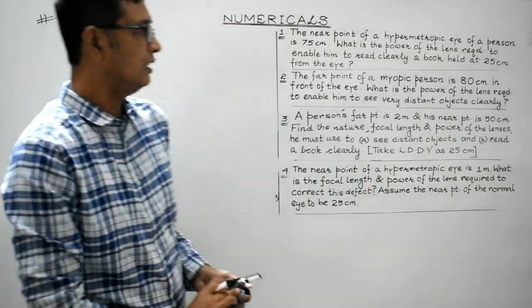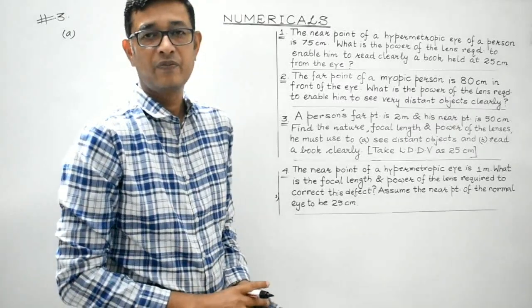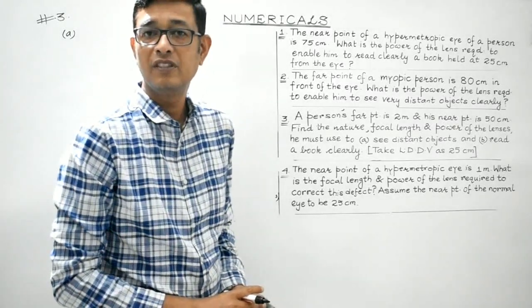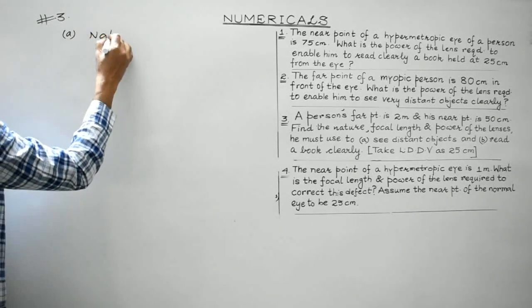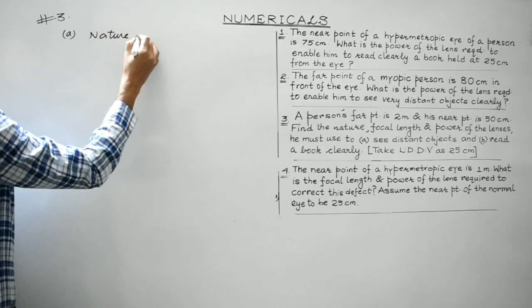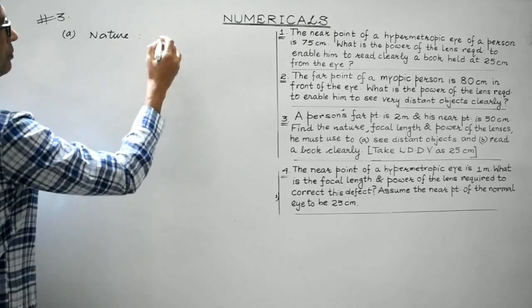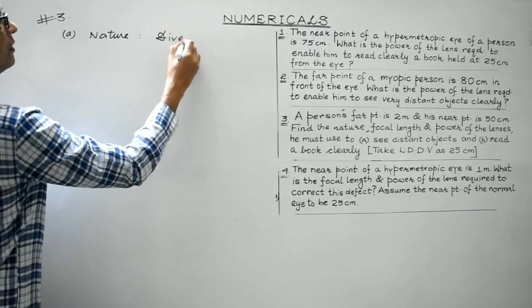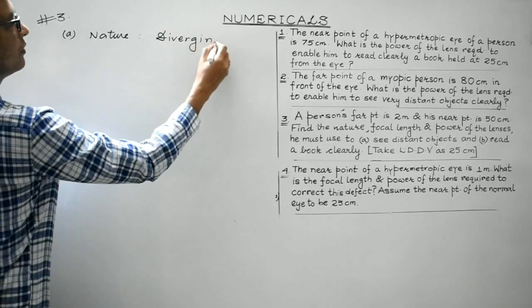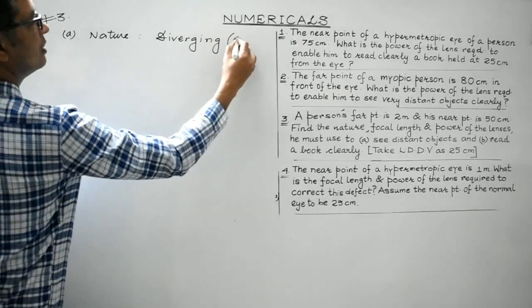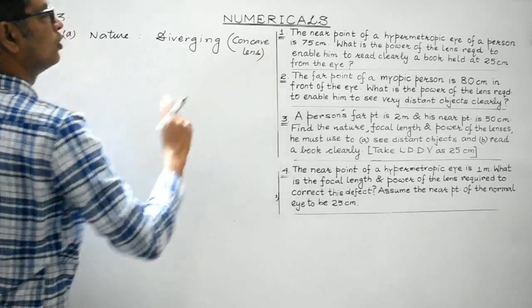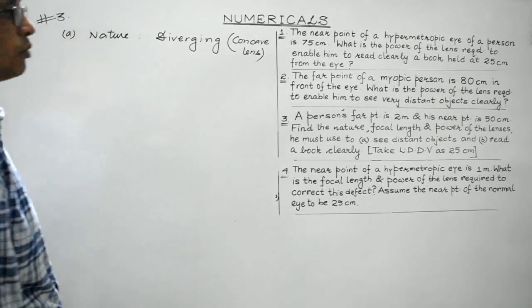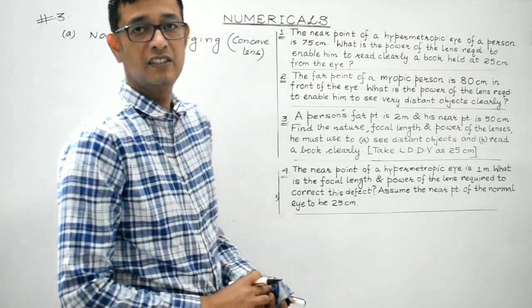In order to see the distant objects clearly, he needs to make use of a diverging lens. So, nature of the lens in order to see the faraway objects must be diverging. This we have discussed time and again. That is, concave lens is to be used. Right? No doubt regarding this. And what about the focal length and power of the lens?